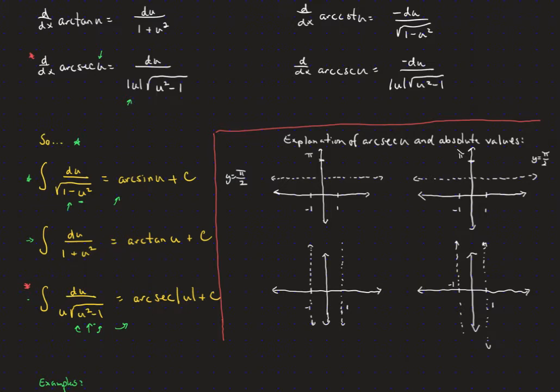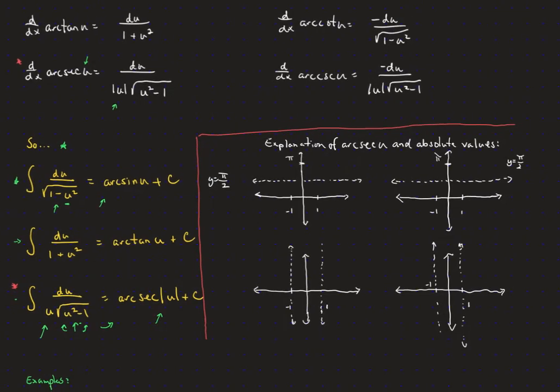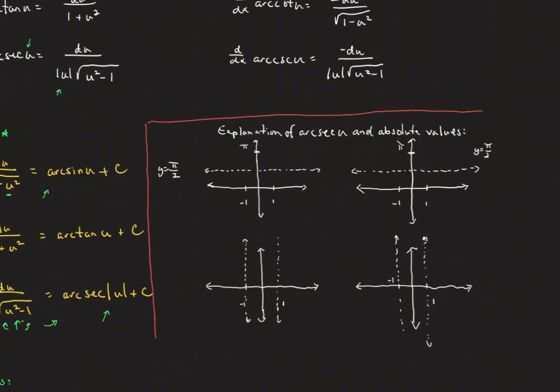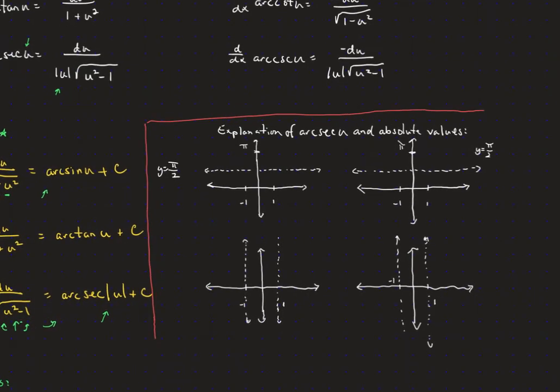The integral coming down here does not have an absolute value in the integrand, but it has to have an absolute value in its antiderivative. So I'm not going to get real deep in the weeds here, but we can at least see this and hopefully understand, or at least appreciate, that those absolute values make a difference.